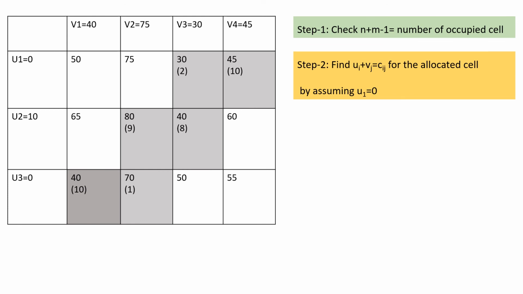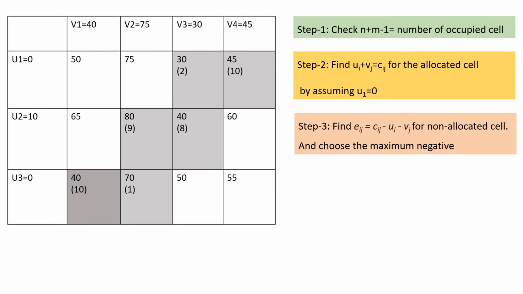And the same is true for the remaining steps. Now let's find the eij by this equation, cij minus ui minus vj for the non-allocated cells. The non-allocated cell, this one is E11, and E12 is another non-allocated cell.